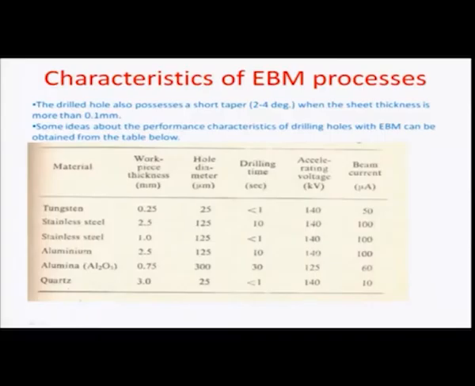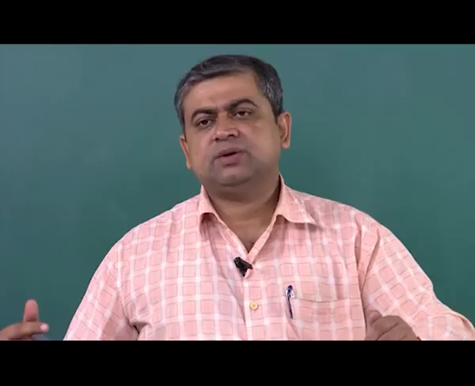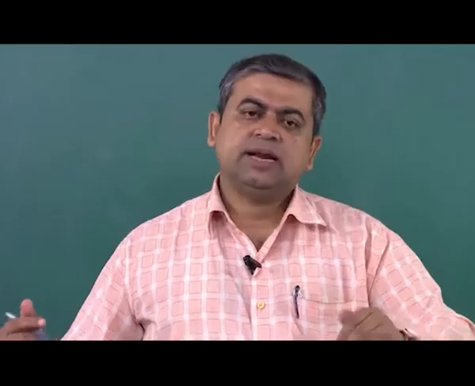Some characteristics typical of the e-beam processes are that the holes mostly achieved by using e-beam machining processes have a short taper of 2 to 4 degrees, and particularly this is so when the sheet thickness is more than 0.1 millimeters. The taper in this process comes by the same principle that as the beam hits the surface and plows below the surface, there is still a tendency, because the surface is at ground potential, of the electrons to get deflected and captured by the walls.